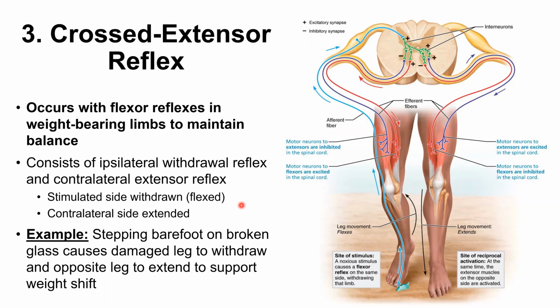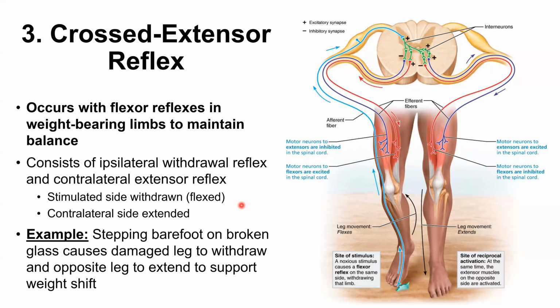So the third reflex that I'm going to discuss with you is called the crossed extensor reflex. And this one actually occurs with the flexor reflex that I just talked about. But this one is occurring in limbs that are weight bearing, so specifically our legs, and this reflex is used to help us maintain our balance. This reflex consists of an ipsilateral withdrawal reflex and a contralateral extensor reflex.